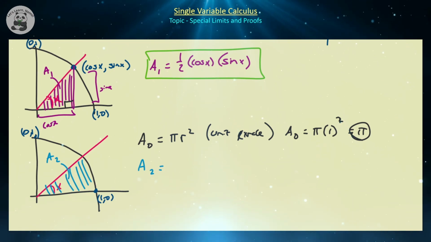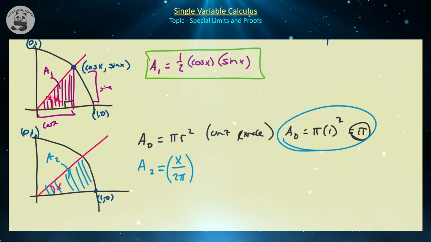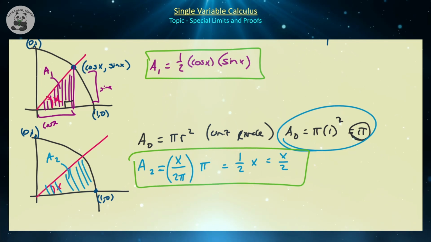And since we're measuring a fraction of a circle in terms of the interior angle, where the interior angle is equal to x, and let's assume this is in radians, where the denominator is equal to 2 pi, then the area of that sector is just going to be that fraction of the area of the whole circle, which is pi. So if we cancel out those pi's, notice that we're going to have just 1/2 x, and some people may prefer to write that as x divided by 2, which we're going to write it as. So that's the second area of interest.